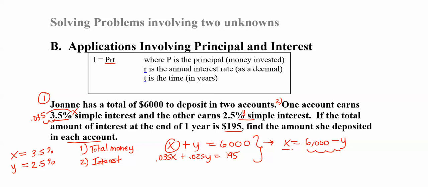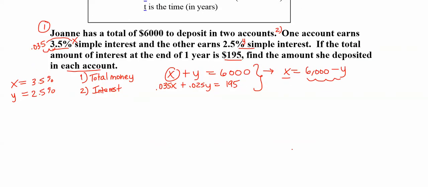Now I can go in the second equation and underline my x, and I'm going to replace x with 6,000 minus y. So I get 0.035 times 6,000 minus y, and then copy the rest down, plus 0.025y equals 195.